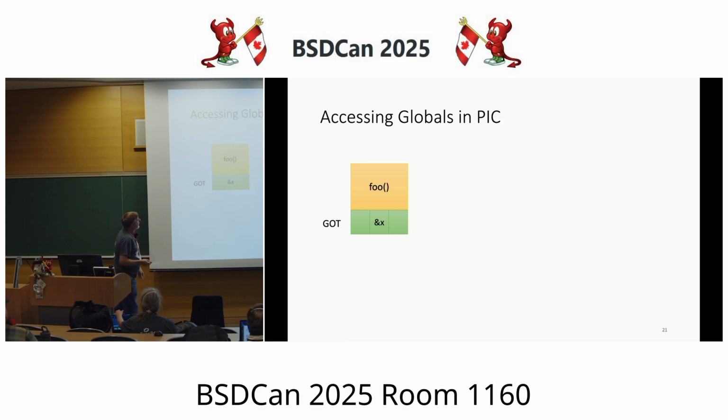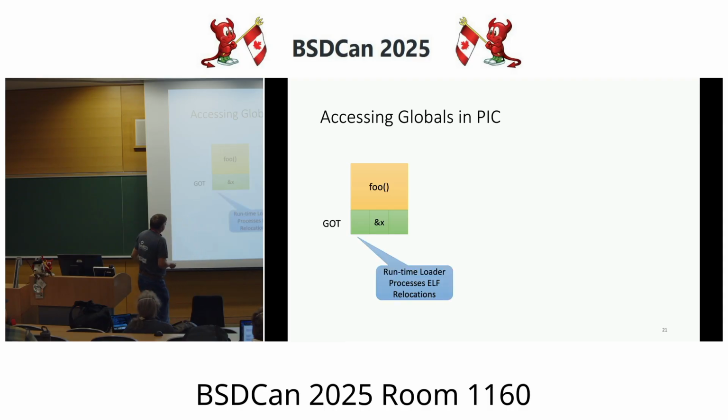So let's walk through an example of that. I have a little function here named foo, and it's going to reference some variable named x that doesn't live inside the same executable or shared library. So it's got a GOT, and one of the entries in the GOT is for this variable x. When we first load this executable or shared library into memory, the runtime loader is going to walk through and process all the ELF relocations it has, which give it instructions on how to patch each GOT entry.